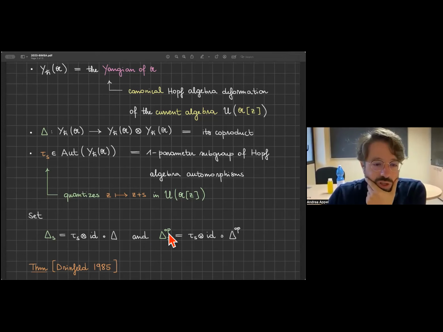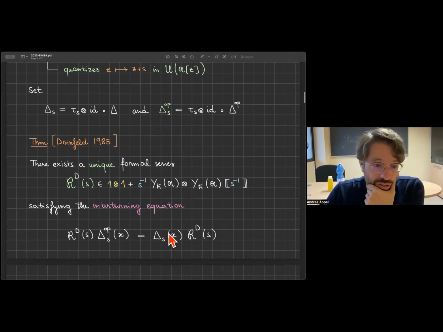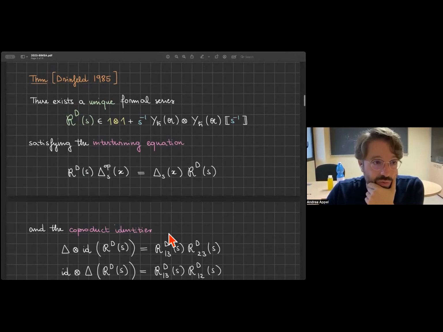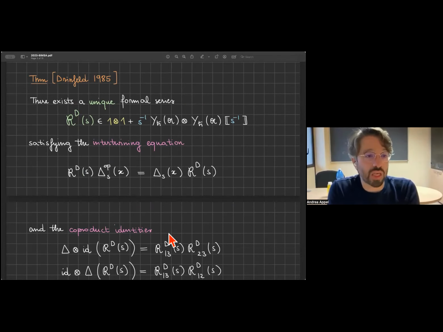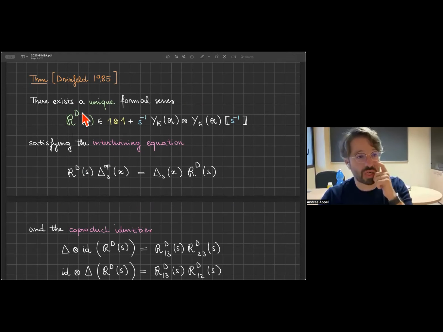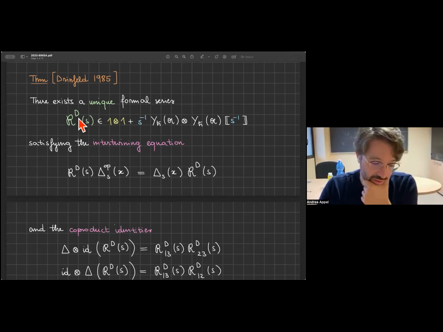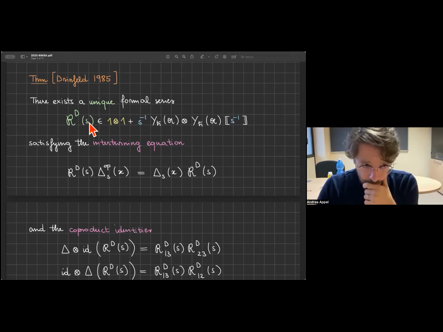And so the theorem of Drinfeld about the existence of the R matrix for the Yangian of finite type was the following. There exists a unique formal series in a parameter s inverse. This formal series, which I'm denoting by R^D, is what I will hereafter call the Drinfeld R matrix.